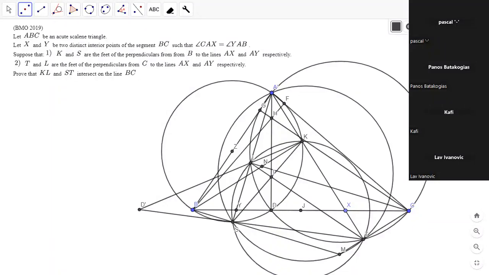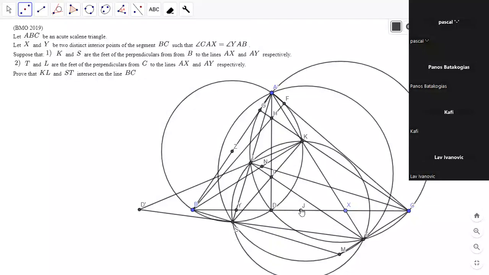Because ZJ is parallel to AC, therefore it's perpendicular to SK. And then ZK is equal to ZS, so JS is equal to JK.